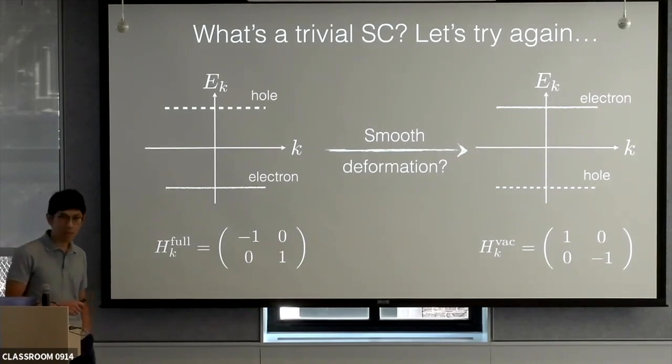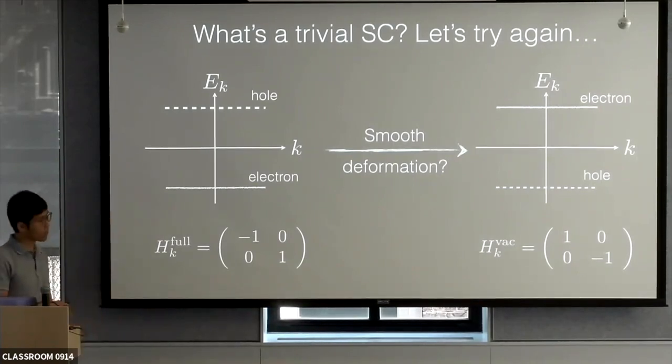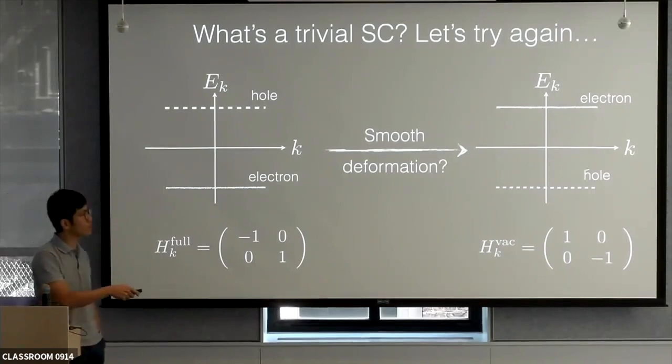But then for physics applications, especially in the presence of crystalline symmetry, that may not be the best definition for trivial superconductors. And the reason is as follows. If I started with something which is a trivial insulator, so contrast the left and right, the only difference is really the sign of the Hamiltonian, right? So on the left-hand side, I'll just say that any state below energy 0 will be filled. These are the electron bands. And on the right-hand side, you'll say that it's basically the hole band.